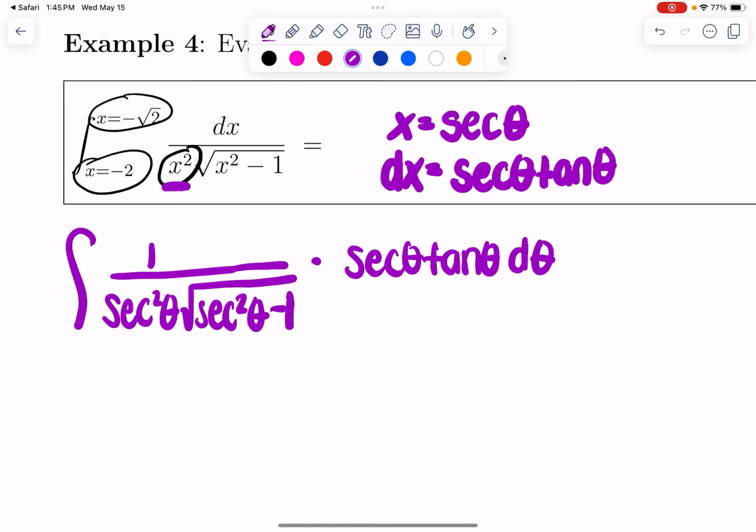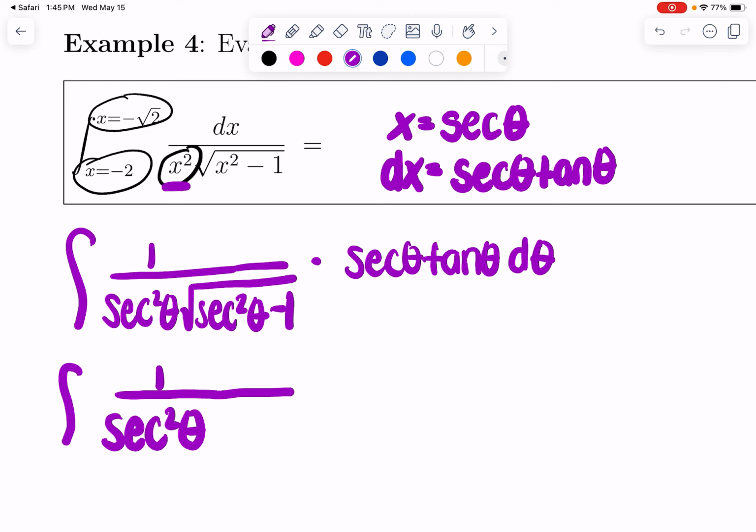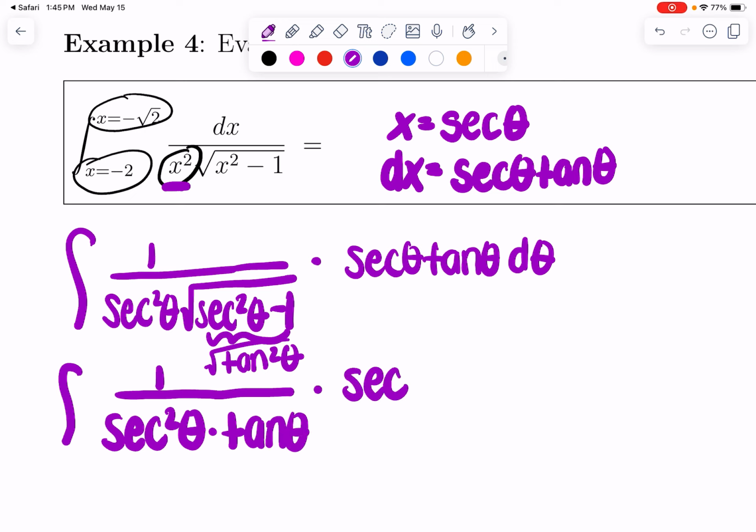And then you would just cancel out things based on that. So from there, I would have 1 over secant squared of theta. This right here is tangent squared of theta from the identity. And then take the square root, you would just have tan of theta, times secant, and then tangent.